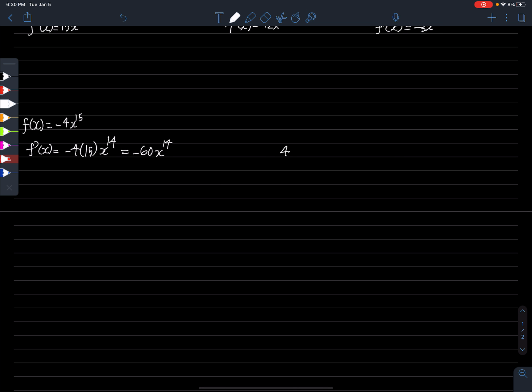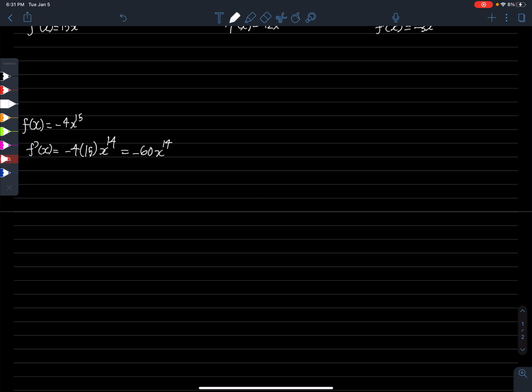Let's say f of x is equal to a number. Then the derivative of this is just 0, right? Because the x is technically to the power of 0. This is basically what's happening, right? The derivative of this is 0.